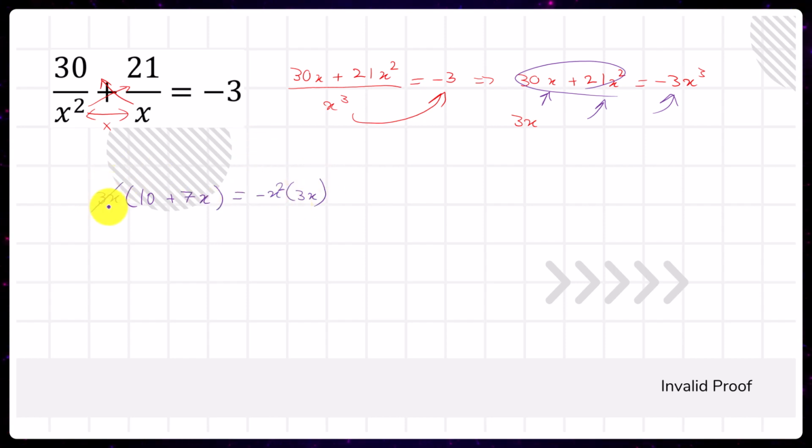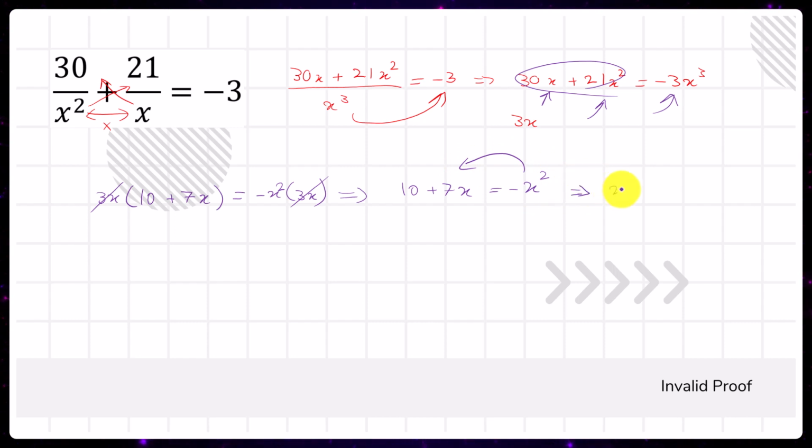Now we can cancel these 3x's from both sides, and we're left with 10 plus 7x equals minus x squared. Now we want to rearrange it again so that this minus x squared goes to the other side of the equation.